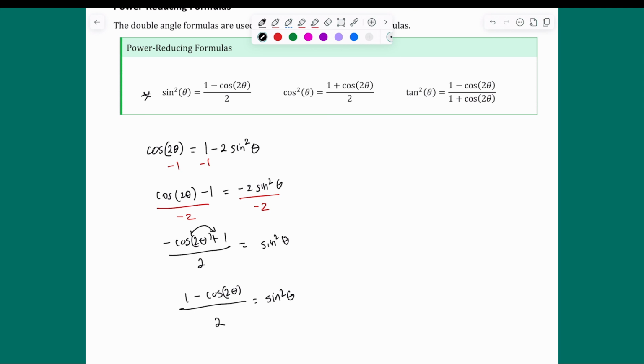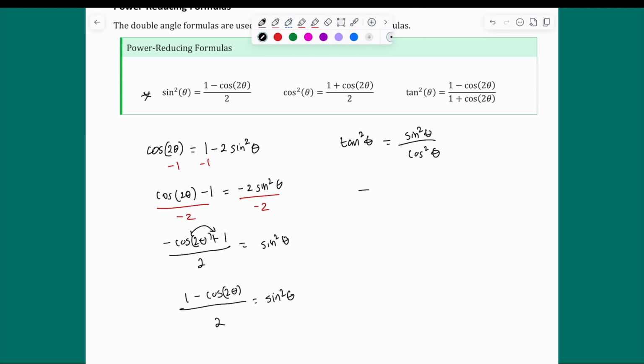All right, the tangent squared theta identity here can be derived because we know that tangent squared of theta can be written as sine squared of theta over cosine squared of theta.